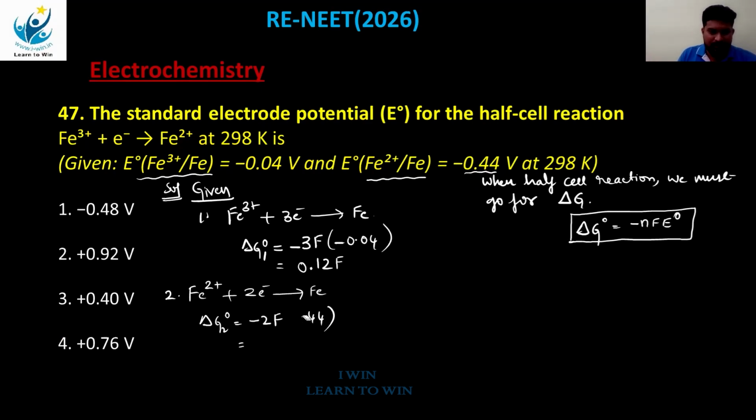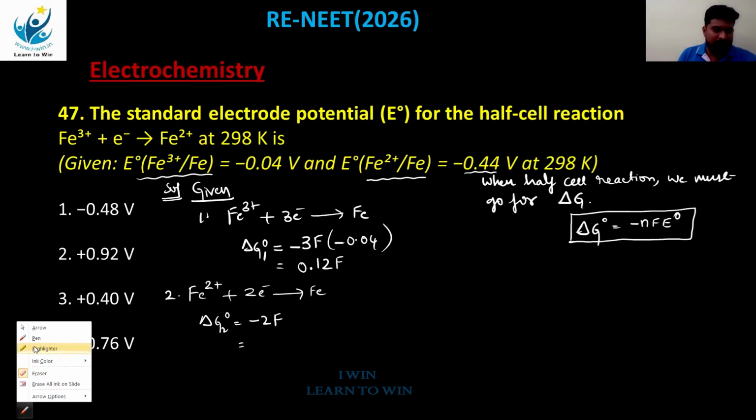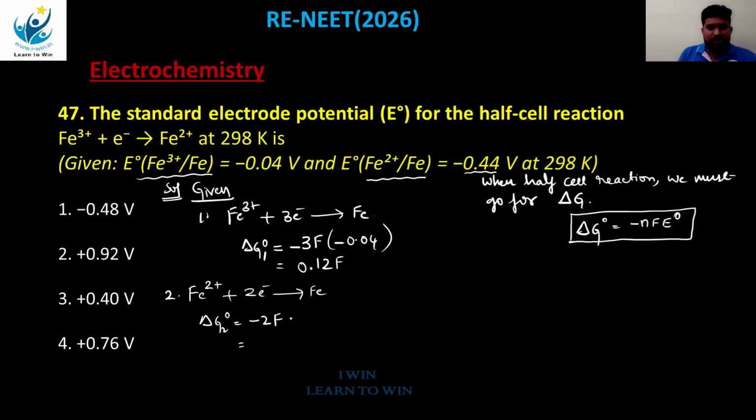All right, done. Yes, 2F into minus 0.44 is the value given for the second reaction. Now, when we multiply, what do we get? 0.88F. This is what we are going to get in the second reaction.